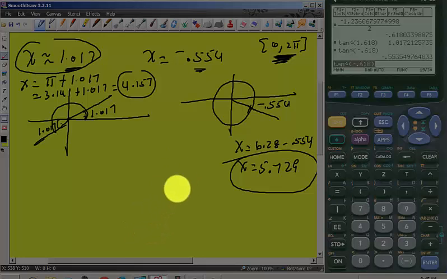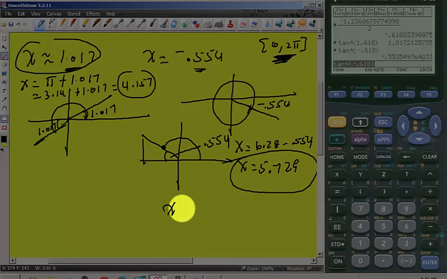Okay. All right, there's one more place where tangent is negative. Okay, tangent is negative here. This is the angle I have, that angle is 0.554, that's the angle I have from the calculator. So I have to find from here to there what is in the unit circle.